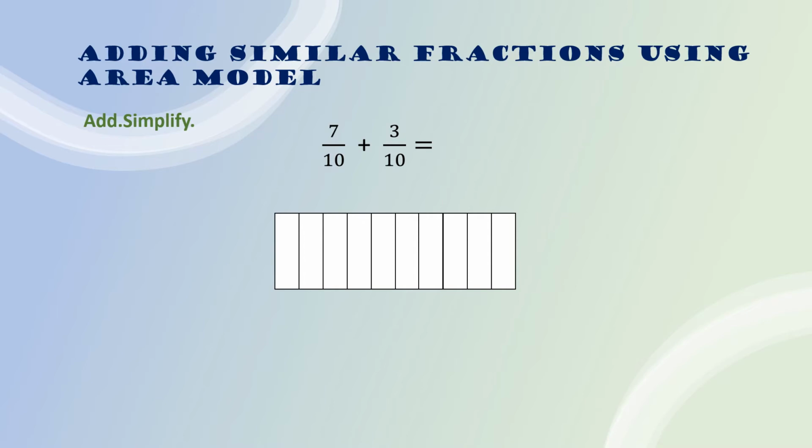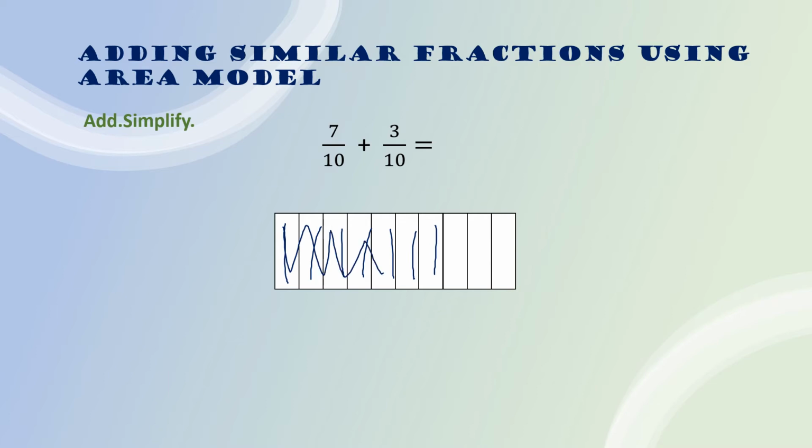Let's take a look at our example. We have 7/10 plus 3/10. Here we're going to use an area model. So this is divided into 10 equal parts. And we're going to add 7/10. Let us shade 7 parts out of 10. So here, 1, 2, 3, 4, 5, 6, 7.